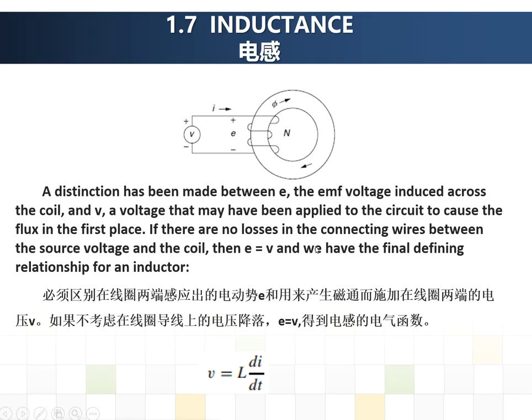If there is no loss in the connecting wires between the source voltage and the coil, which means the wire has zero resistance, then E is equal to V. So, since V is equal to the electromotive voltage E, the voltage is equal to L multiply di divided by dt.